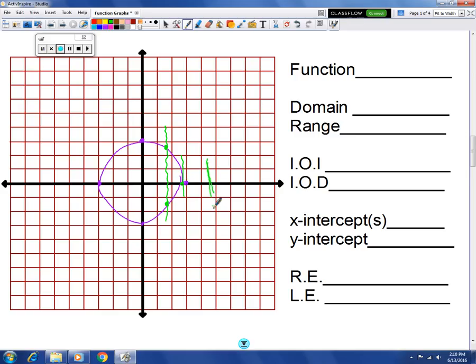But a function can only intersect a line or the graph at only one spot to be a function. So we can get around that if we divide this circle up into two halves, the top half and the bottom half.